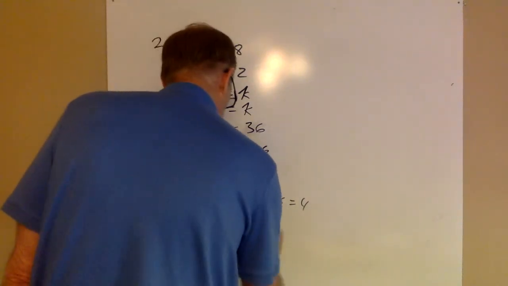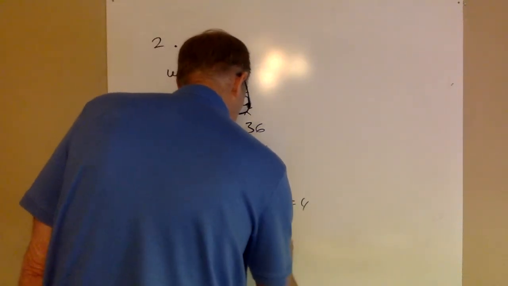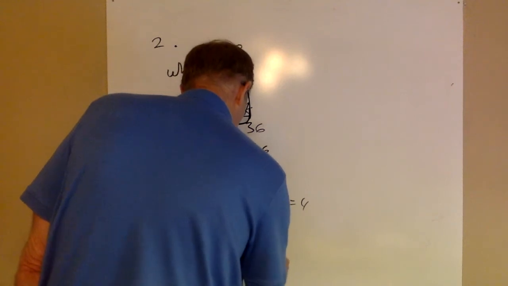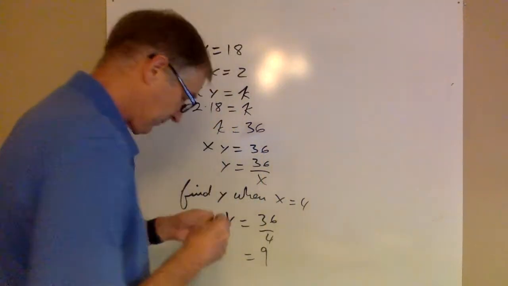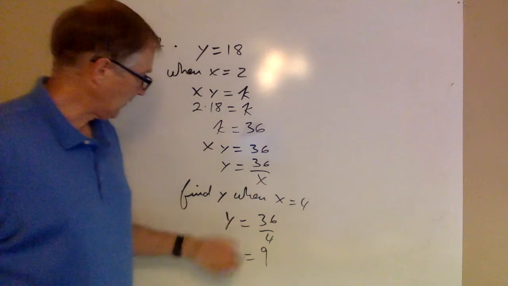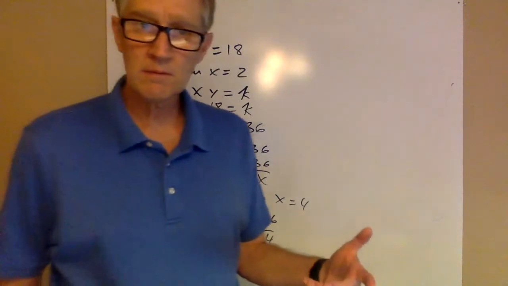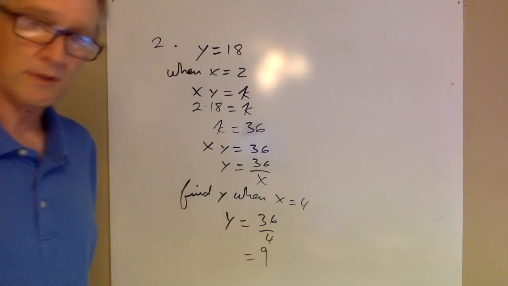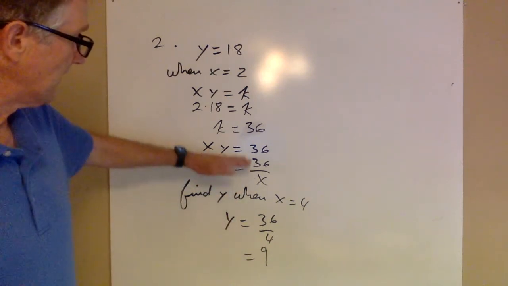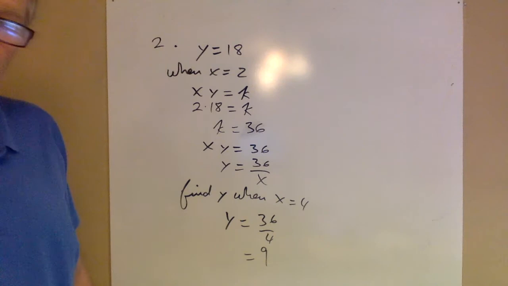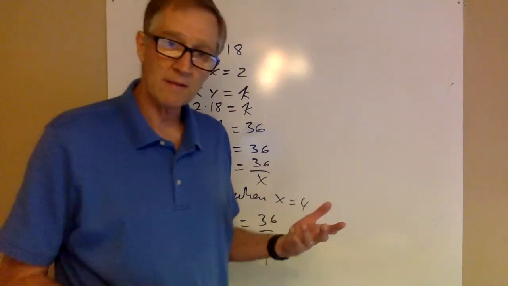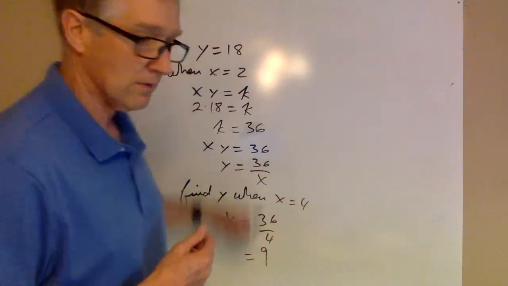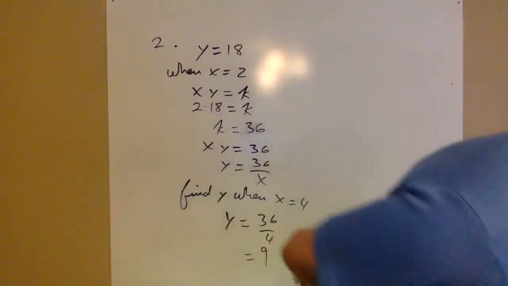So y would equal 36 all over 4, which would equal 9. I could find y when x equals 6. So y equals 36 divided by 6, so y equals 6 when x equals 6. Now that we have the value of k, we can find any value for this function right here, okay? All right.